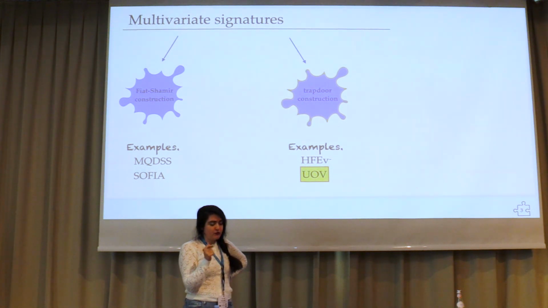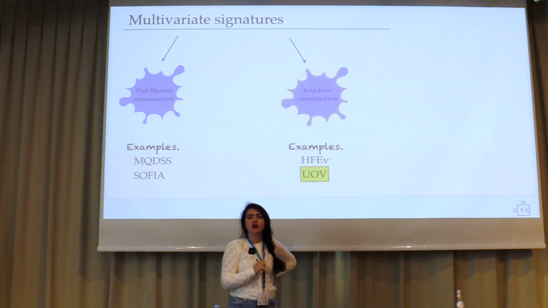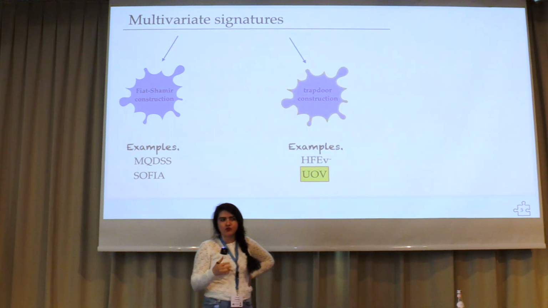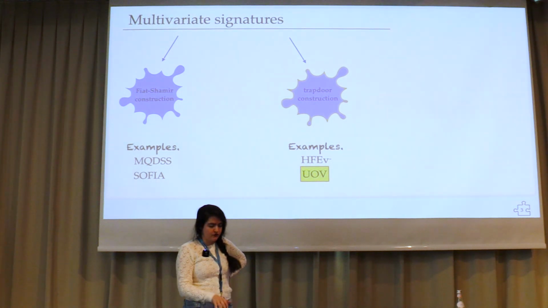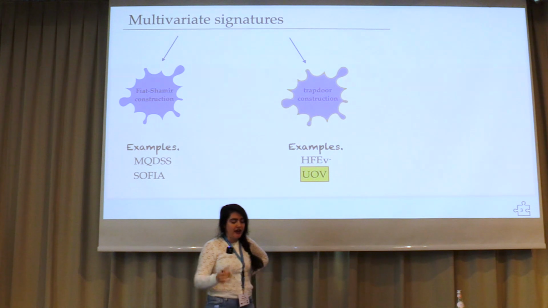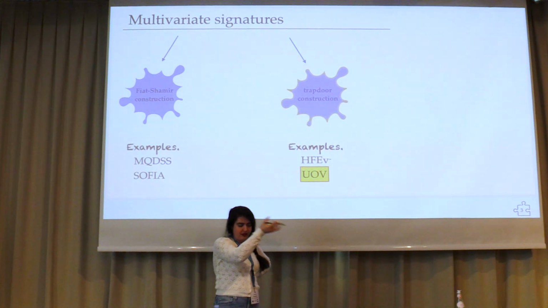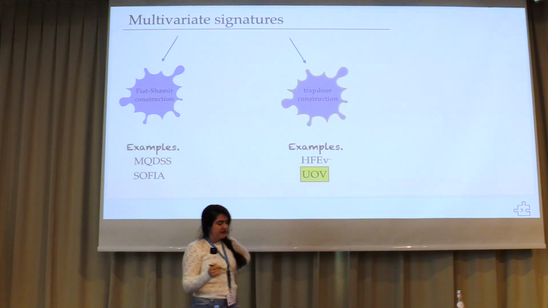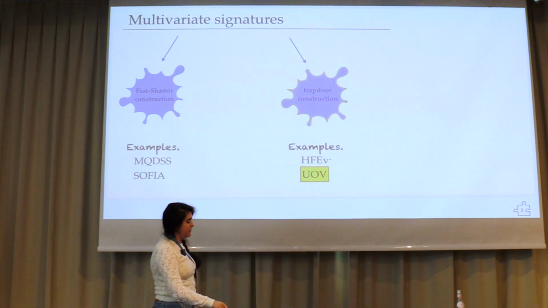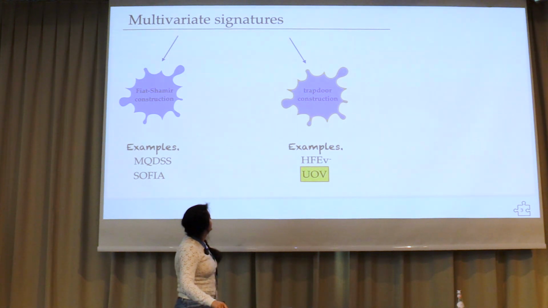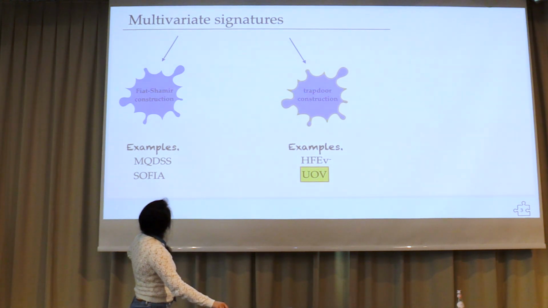On the one hand, you have what we call the Fiat-Shamir construction, or we also refer to it as the provable security construction, because there you have a very good connection between the hard problem and the breaking of the scheme. Examples in multivariate are MQDSS and Sophia. We will not talk about that kind of construction today.